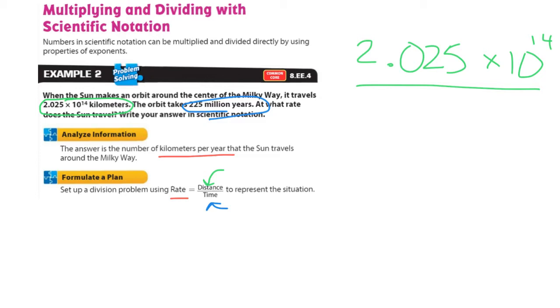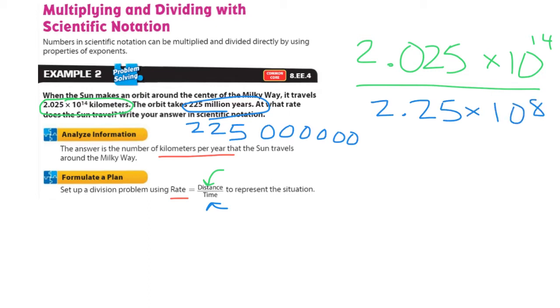So that would be, let's see, 225 million. That would be 2 decimal point and 25 hundredths times 10 to the 8th power. So if you have one number in scientific and one in standard, you want to make them both the same. And I made these both scientific because it is easier.